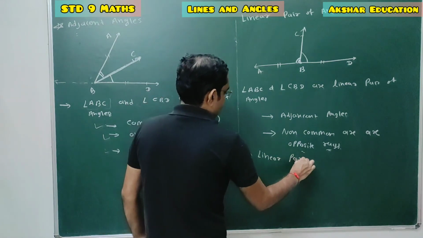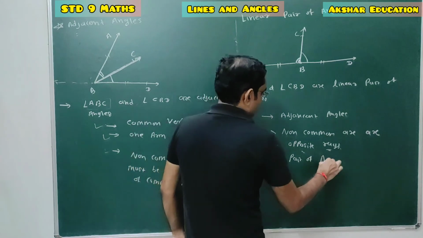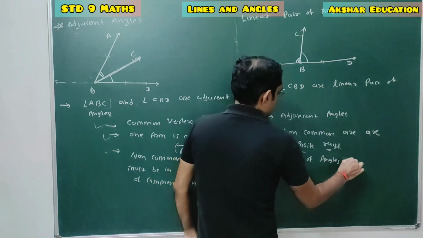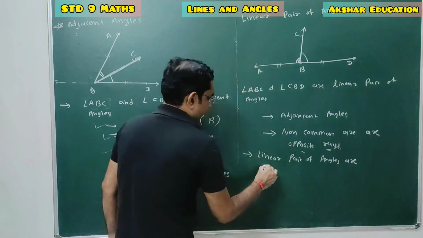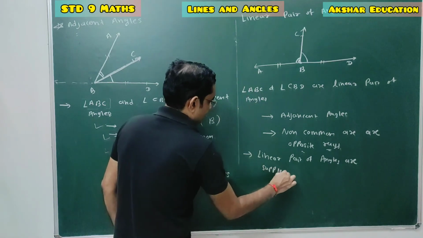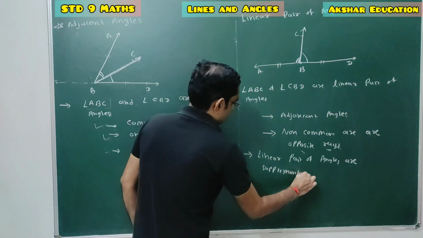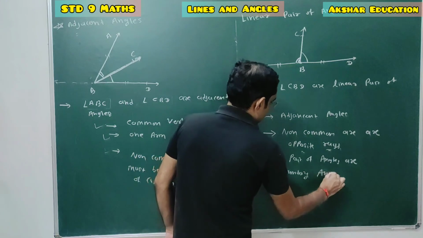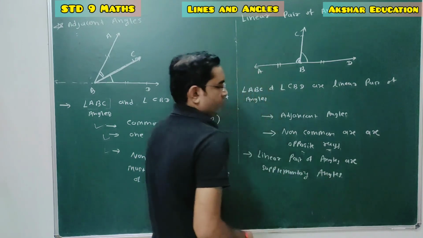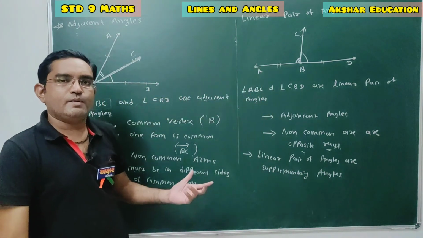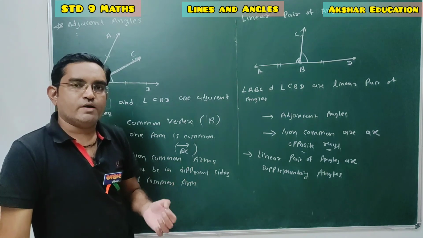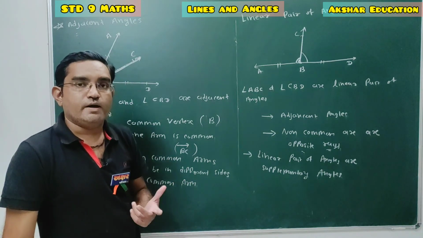Linear pair of angles are supplementary angles. What is supplementary angles? The sum of measure of two angles is 180 degree.